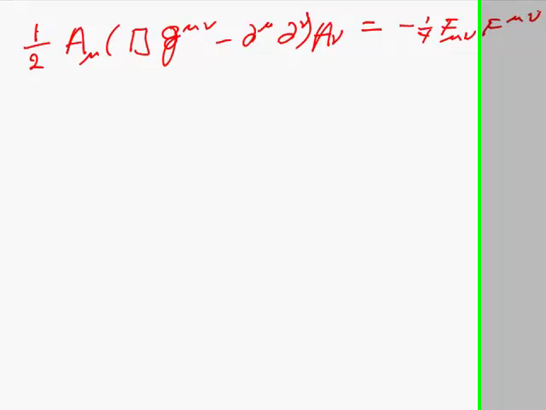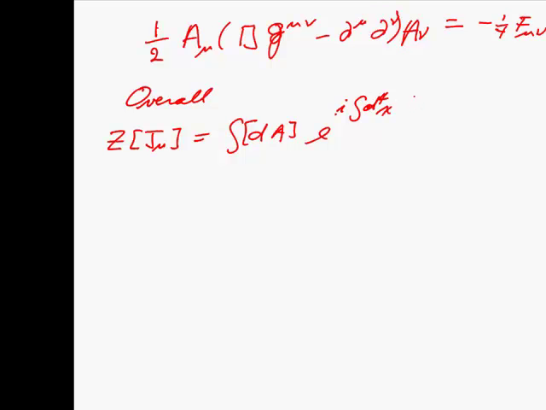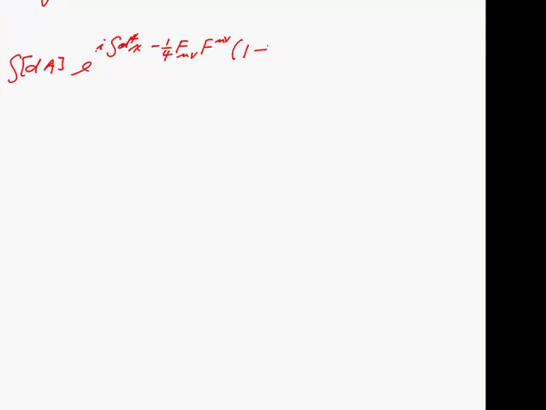So the overall, what we had before, the generating functional can be written in the form integral dA e to the i integral d4x minus a quarter f mu nu f mu nu times 1 minus pi of 0.